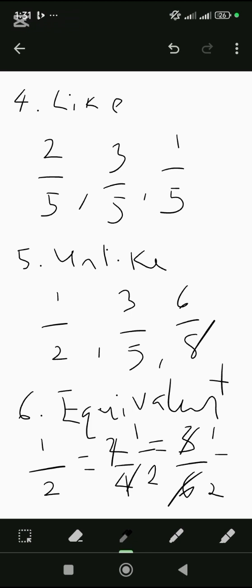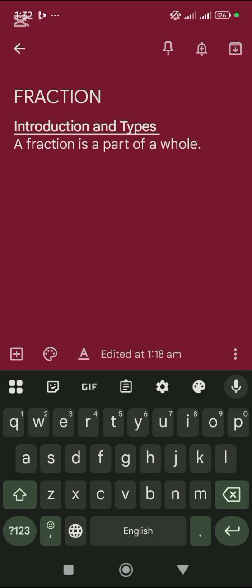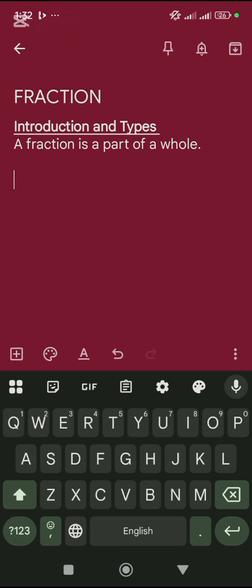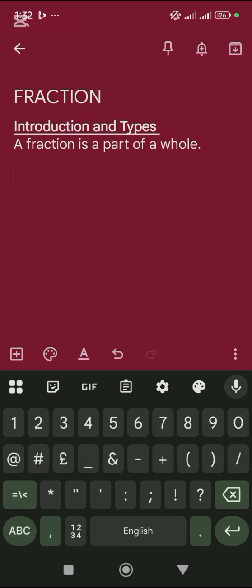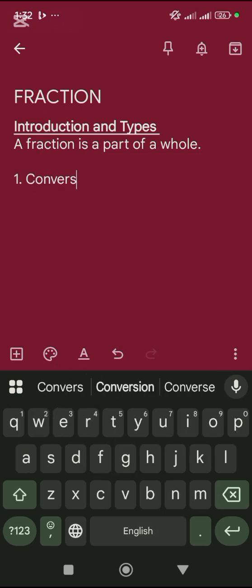I saw somewhere also what you call unit fractions. But our focus will mostly be around these 6 types of fractions. Now, what we are going to be considering will be conversion of fractions.